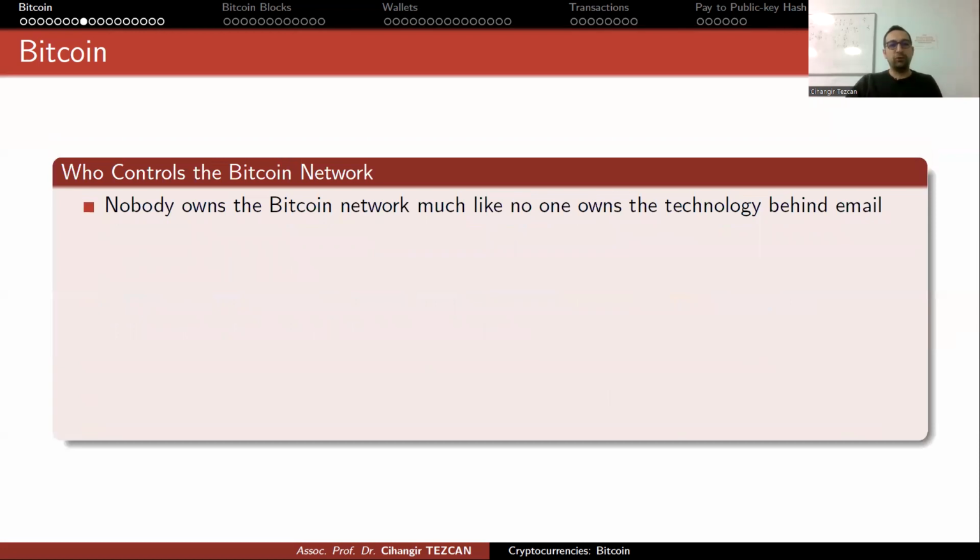One of the questions: who controls the Bitcoin network? Nobody owns the Bitcoin network, much like no one owns the technology behind email. This is important because when Bitcoin started in 2009, we tried to convince economists that it really works. They said that no money can exist without a central authority, and you cannot transfer it without a central authority. They said this is impossible.